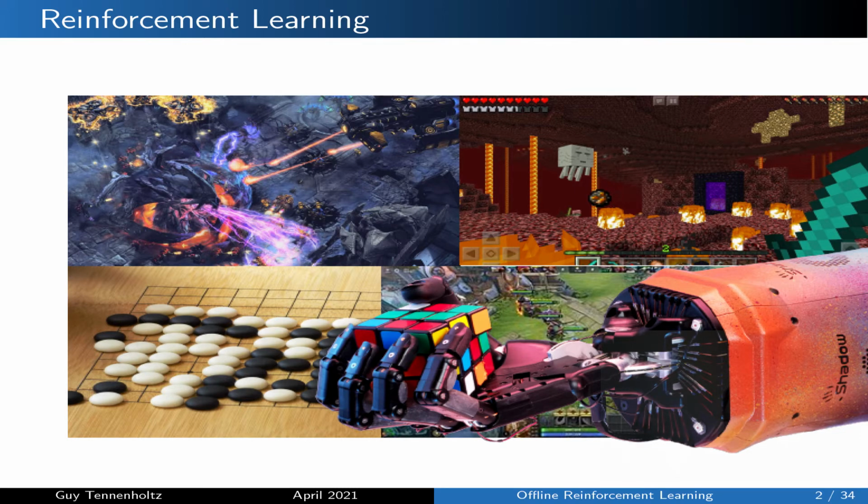We saw DeepMind mastering the game of Go, after which we saw other great successes from mastering games like StarCraft 2, Dota 2, the Atari suite. We saw many different complex robotic manipulation tasks, things in medicine, and so on and so forth.